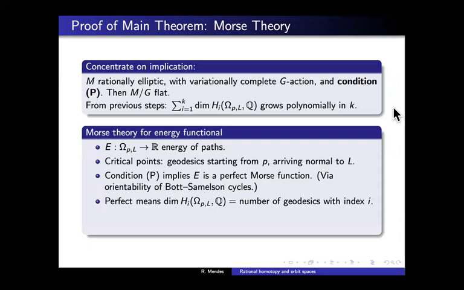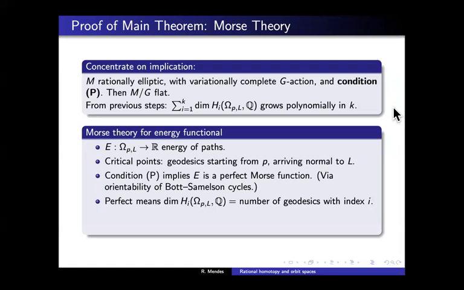So these were introduced in the original work of Bott and Samelson, and were developed later for singular manifolds and so on. And so we used that construction, okay? So the Bott-Samelson cycles are certain completing cycles. For each critical point, so each geodesic with index i, you have an i-dimensional manifold inside the space omega PL, which completes the cycle.